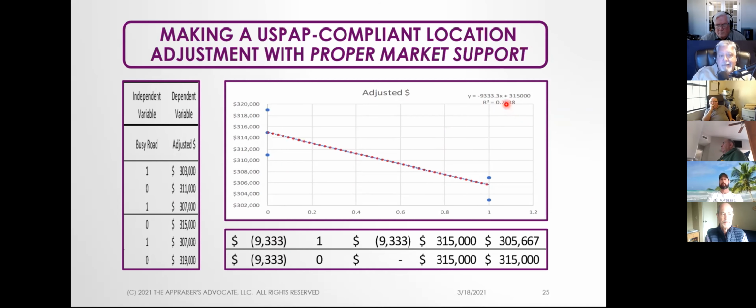If this was, say, 25%, then this $9,300 is due to the busy road plus something else, and maybe even plus something else. So we would have to refine the data even further. But given we've got a 75% correlation, that works. It's okay for what we do. Lauro, should it be close to 1? Yeah, it should be. But you'll never see that in real estate.